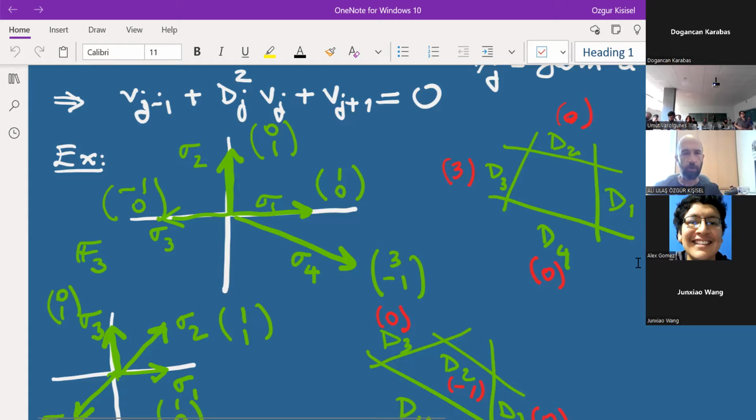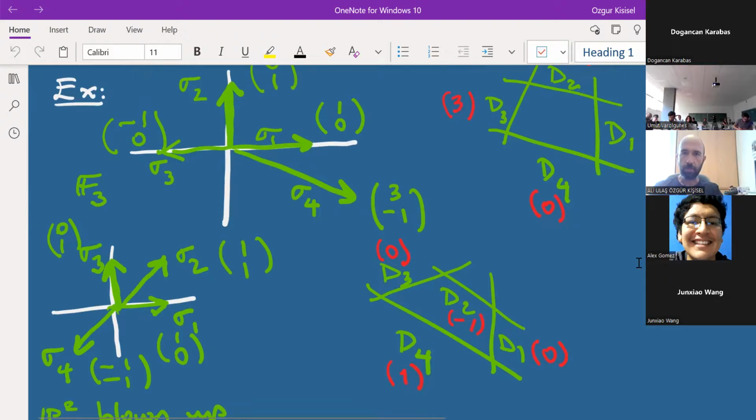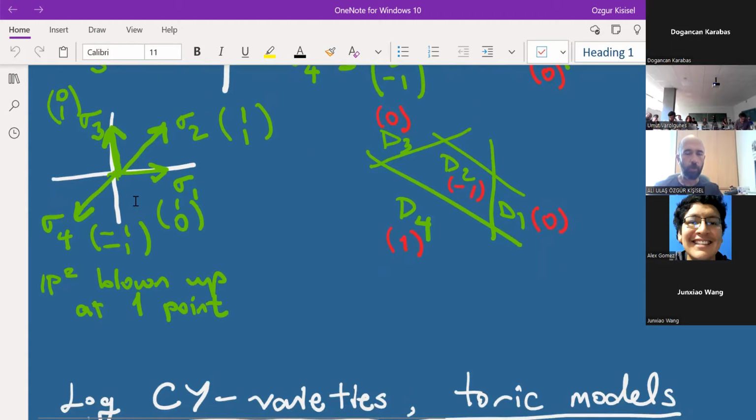Let's also do a fact check with maybe a single blow-up on P2, where we should get something familiar. So here is a blow-up of P2 at a single point. If you remove sigma 2 from here, it's the ordinary picture for P2. And if you insert sigma 2, that's the blow-up at one torus fixed point.